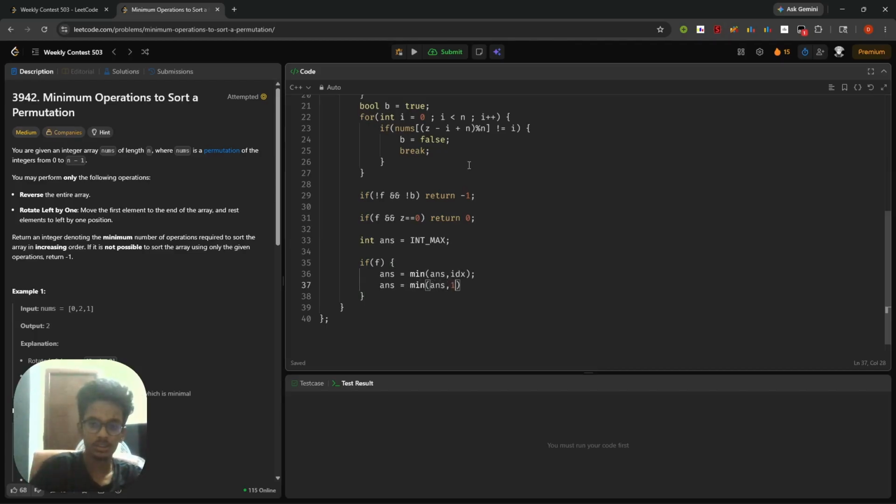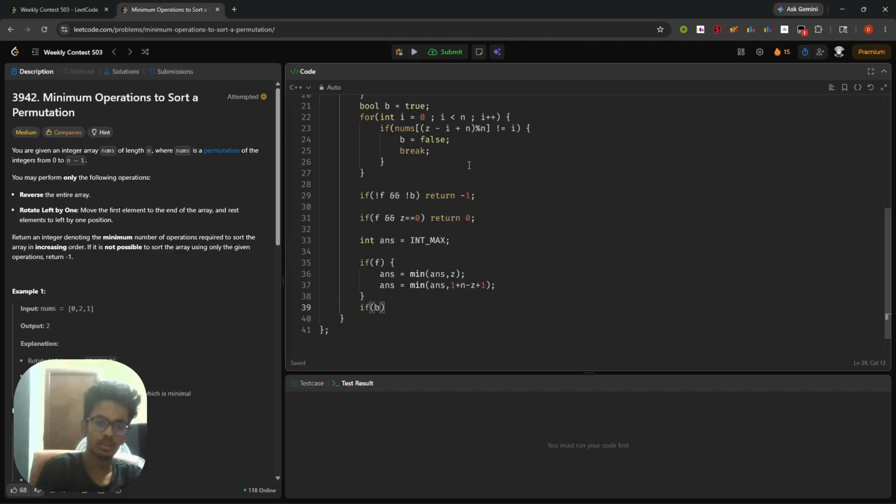Or else it would take one reverse operation initially. At the start you'll reverse it, then you'll do n minus idx. Sorry, what was the variable name for zero's index? z, right? n minus z. Then once again you would reverse it, which would incur one move.